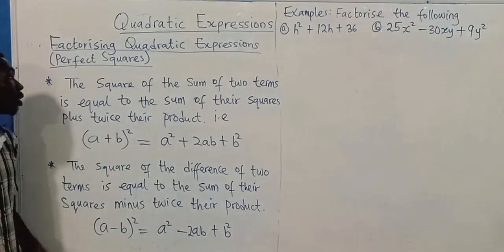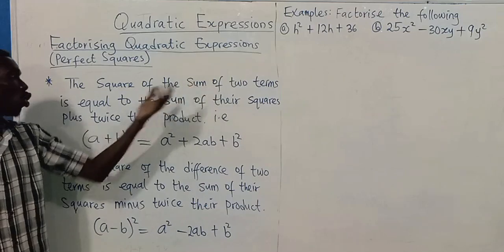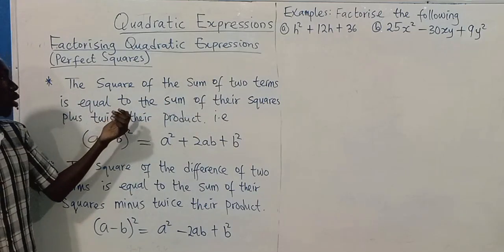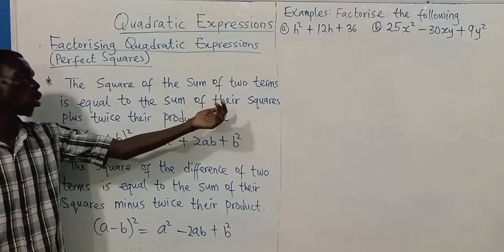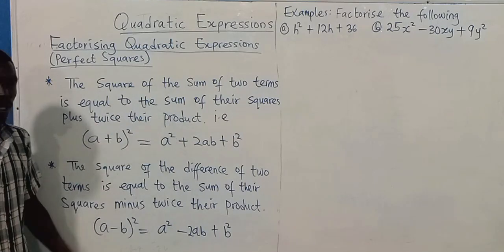The first one says the square of the sum of two terms is equal to the sum of their squares plus twice their product.